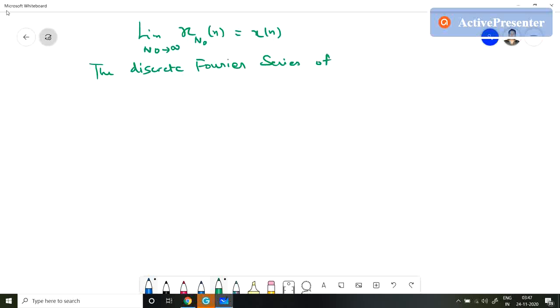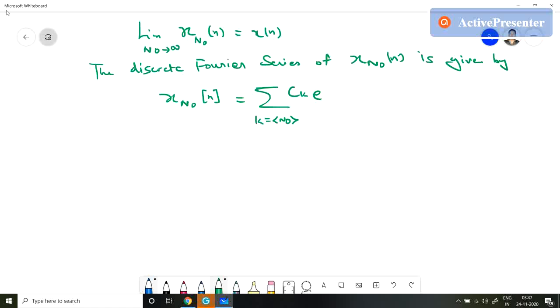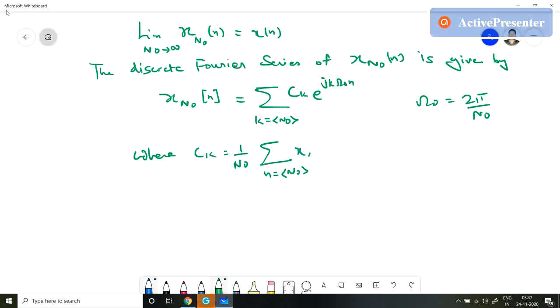So the discrete Fourier series of x n naught n is given by x n naught n equal to summation over k of ck e raised to the power jk omega naught n, where omega naught is equal to 2 pi divided by n naught, and ck is equal to 1 divided by n naught summation over n in the range of capital N naught of x n naught n e raised to the power minus jk omega naught n.